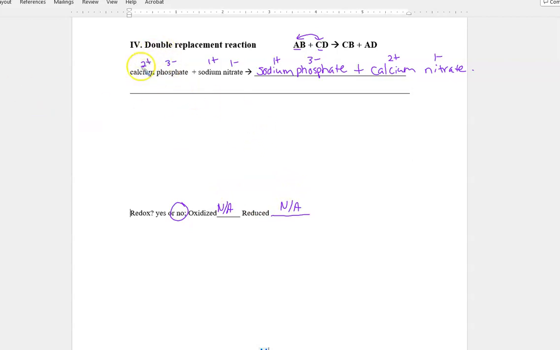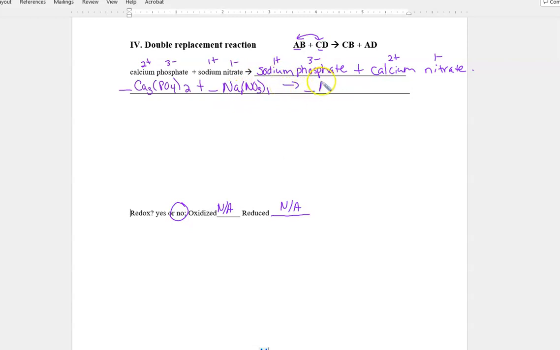So I am going to swap and drop because it is an ionic compound. So you're going to get Ca3(PO4)2. I'm going to put a blank in front of that. And then you're going to get Na, and I'm going to go ahead and put parentheses and the 1. I'm doing that for balancing purposes to show you. In fact, I'm going to go ahead and put that 1 there too, as well, I should say.